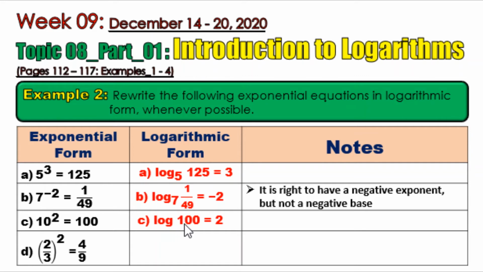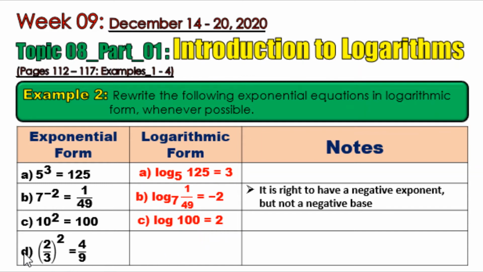We have discussed earlier that when the base is equal to 10, we usually omit it. Once the base is not written, it is understood that the base is 10. But it is also correct to write logarithm of 100 to the base 10 is equal to 2.